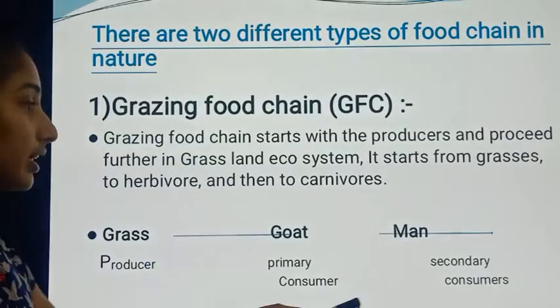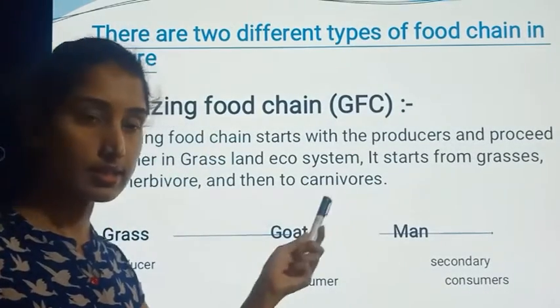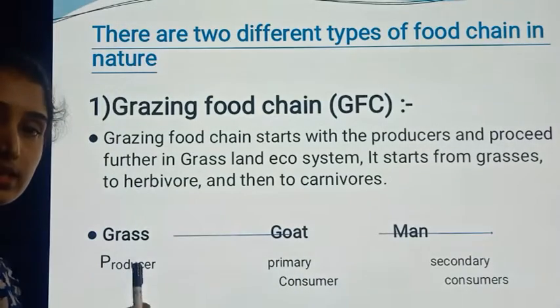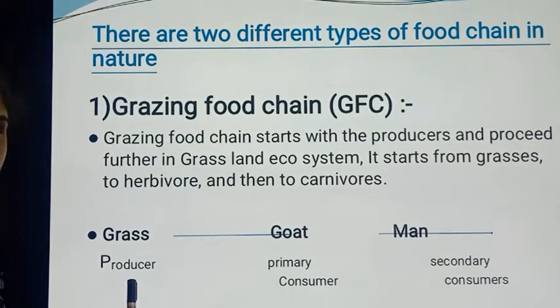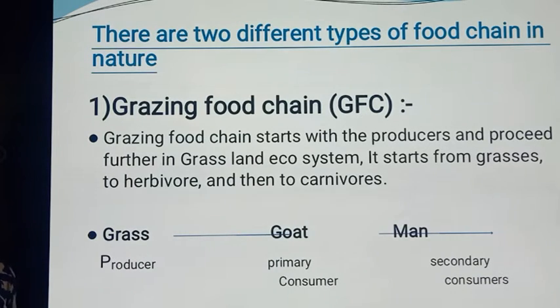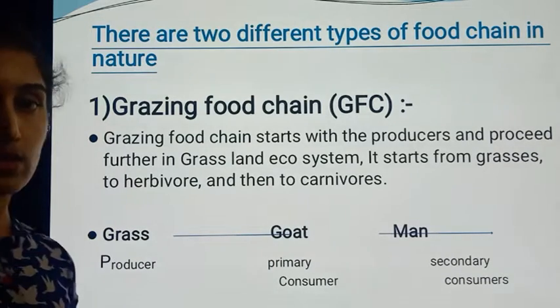So the secondary consumer depends on the primary consumer, and the primary consumer depends on the producer. This is how the food chain works, and this is called the grazing food chain.